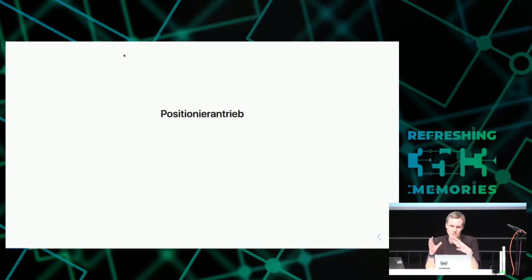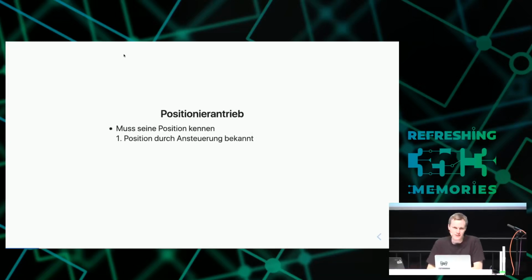And for driving it, we need some positioning drive, and it has to know the position. I can do that by knowing the position from the driving itself. Some people will know what I'm talking about, but I'll explain it in more detail.